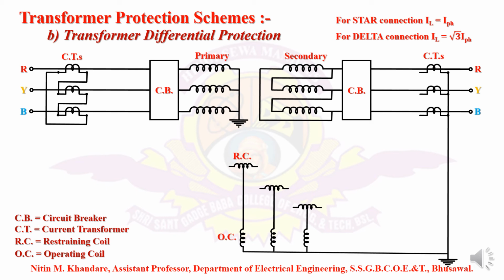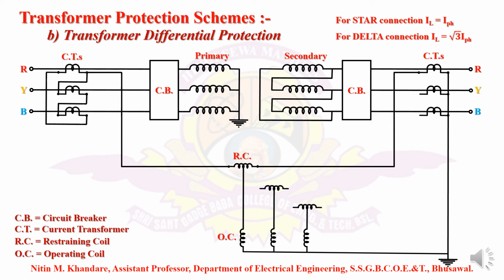Starting from the first CT on the primary side, it is connected with the first terminal of the first restraining coil, whereas the second terminal of the same coil is connected with the first terminal of the first CT on the secondary side, and so on.